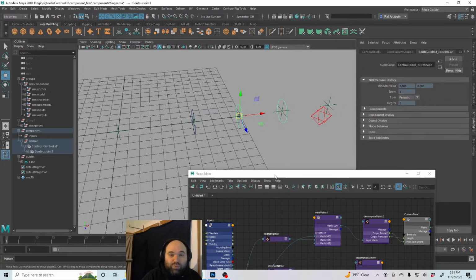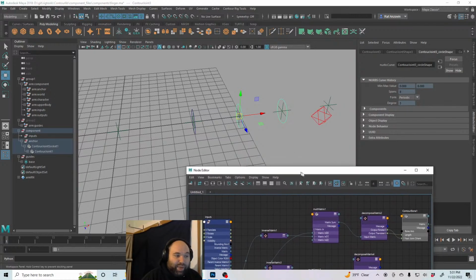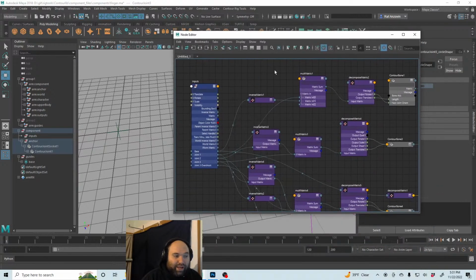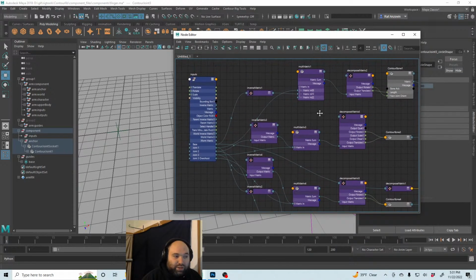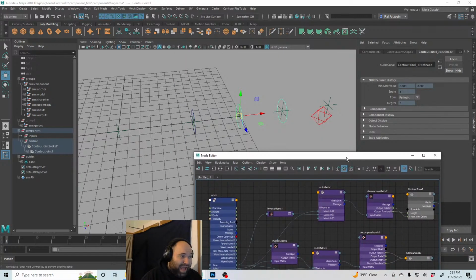They also have to be moved around by their parent. One of the ways to do that would be to get the parent's world space matrix and do a whole bunch of stuff where every single one of these things included a bunch of additional nodes. That's a valid thing to do, but I don't really want to. And there's a simpler answer. And that's what this anchor exists to do.